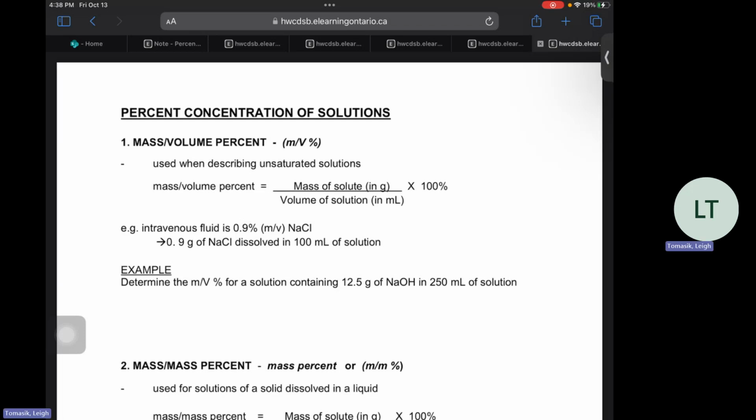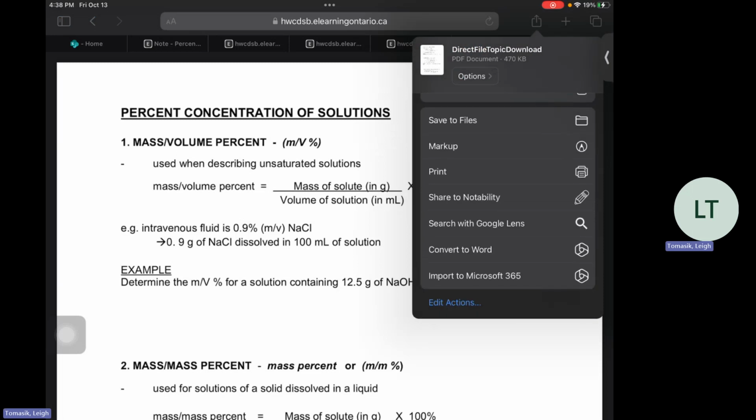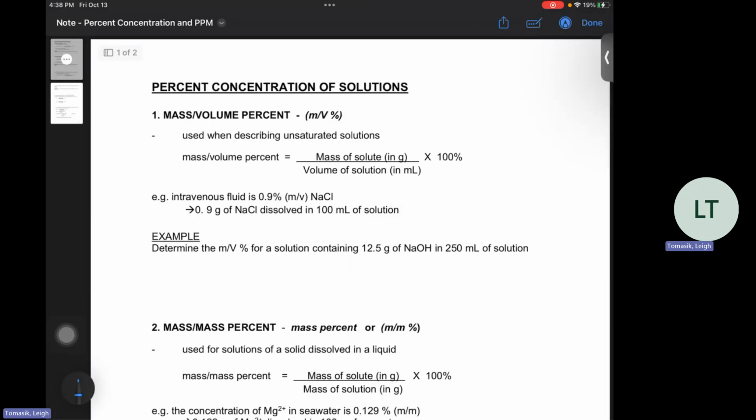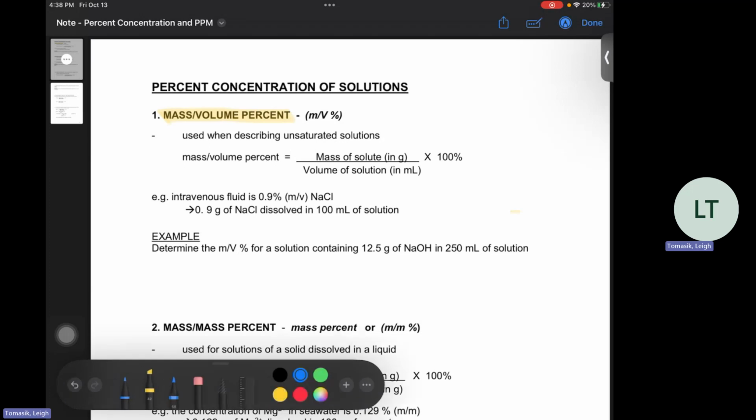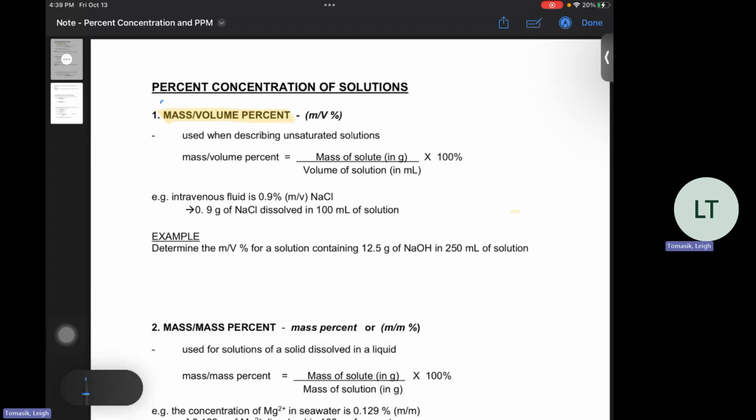There are a few different types of percent concentrations, but they're all calculated very similarly, and very similar to the scientific concentrations, except they don't use moles. The first type is called the mass volume percent. The first thing you see is always the solute, and the second is the volume of the solution.